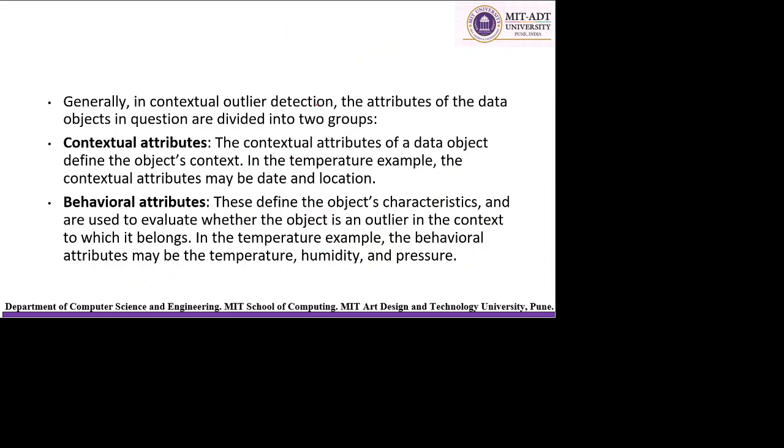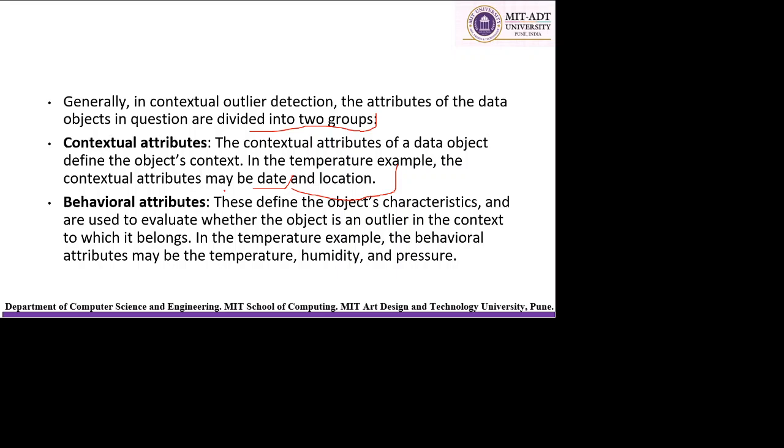Generally in contextual outlier detection, the attributes of the data objects in question are divided into two groups. So we have two types. Contextual attributes of the data object define the object's context. For example, in the previous example, we have seen the date and the location matter.